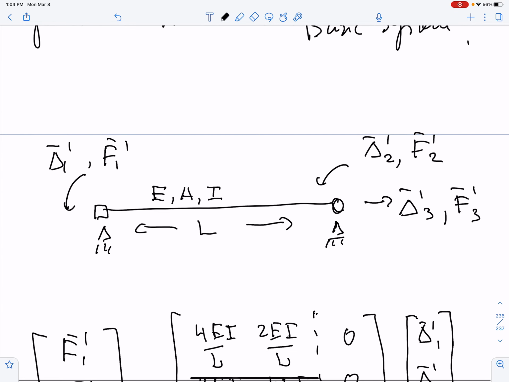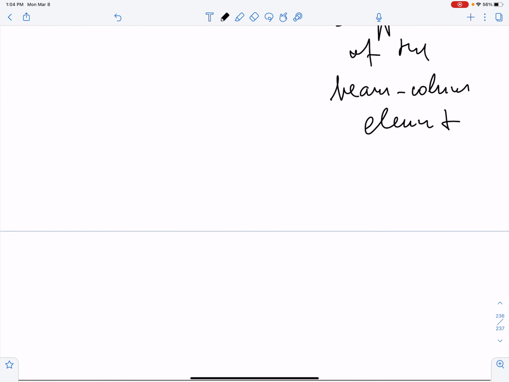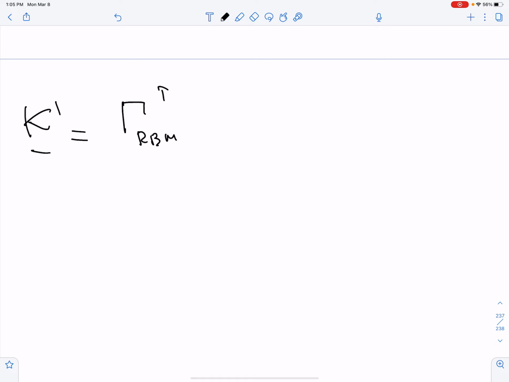Let's take a look at that. So kappa prime equals 2, right? Gamma RBM transpose, kappa, gamma RBM. Okay.